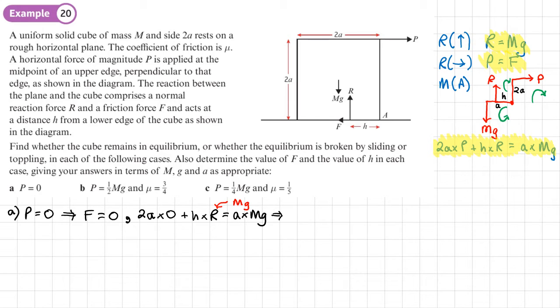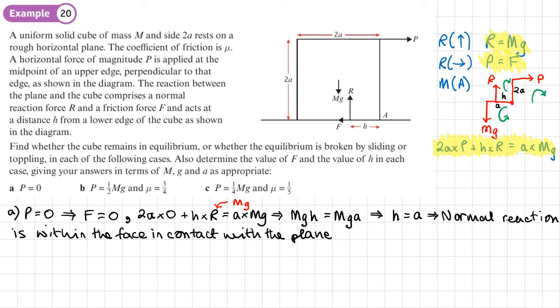That's going to lead us to the equation mg, that's r, times h, because the 2a times 0 is gone, is equal to mga, which gives us h is equal to a.